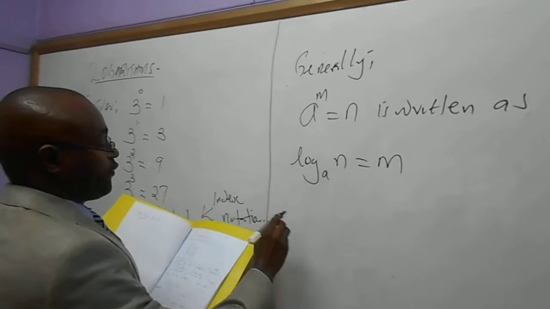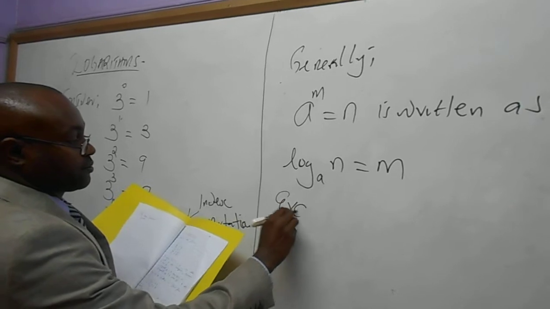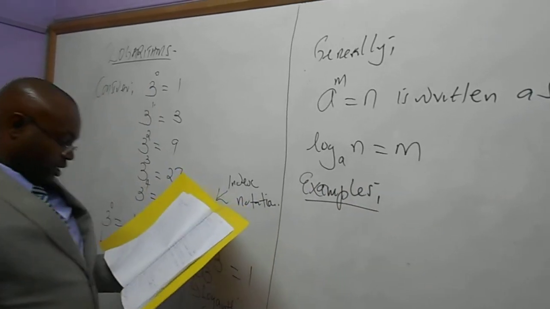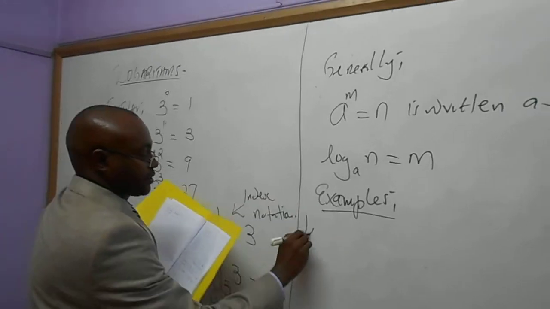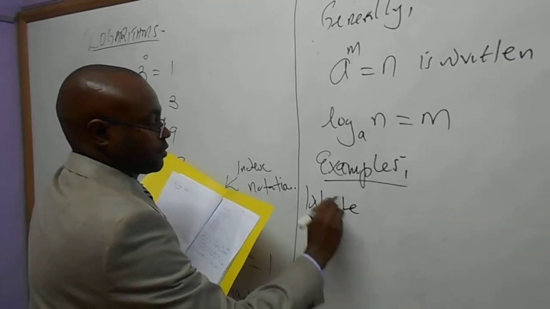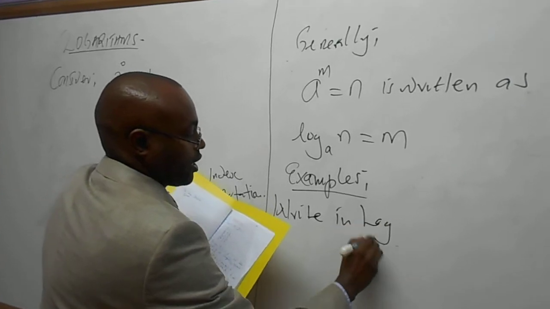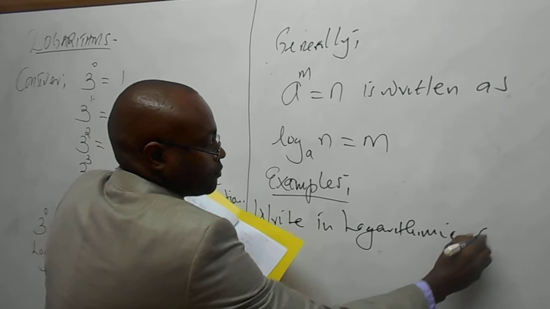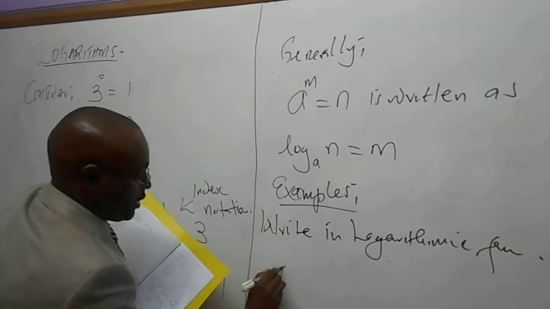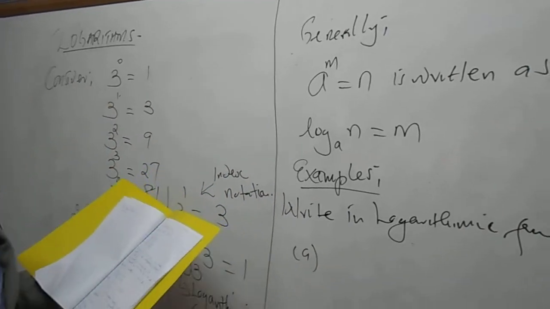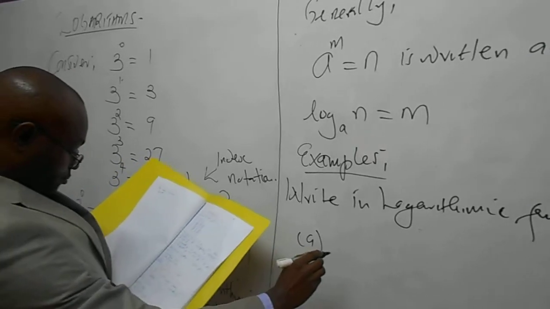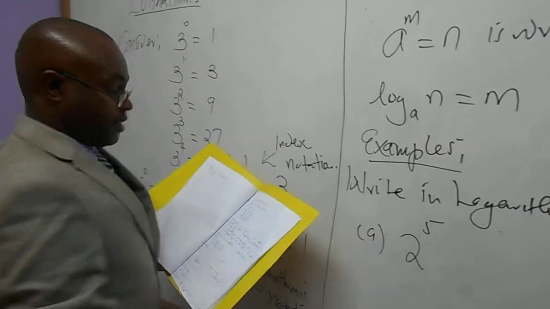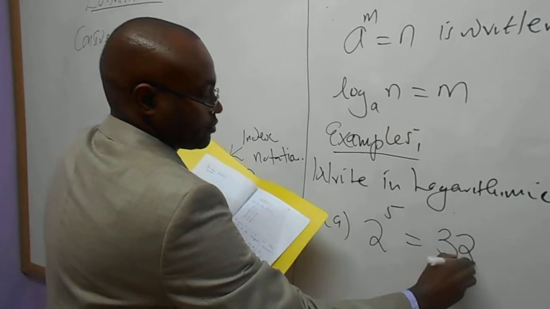We can look at a few examples. In a situation where you are told, write in logarithmic form, and you are given 2 raised to 5 is equal to 32.